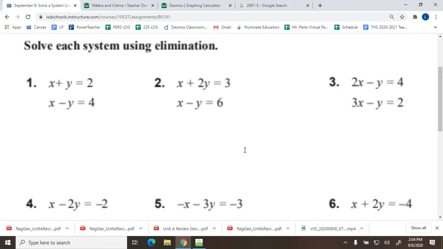We'll do problem number 2 together. First thing I would do in your homework, copy down the problem. X plus 2y is 3.